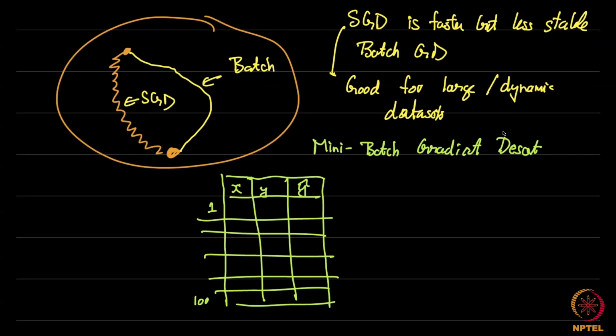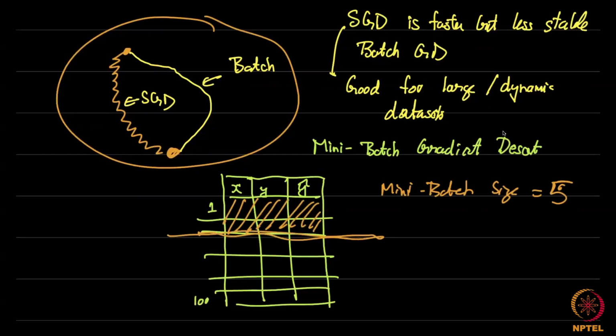Let's say we take a mini batch size of, let me call it 5. So I take 20 sections. This is mini batch 1, mini batch 2. Again, I take 5 data points, 6 to 10, 11 to 15, and so on, till mini batch 20.